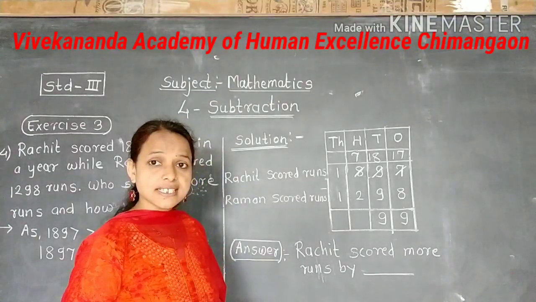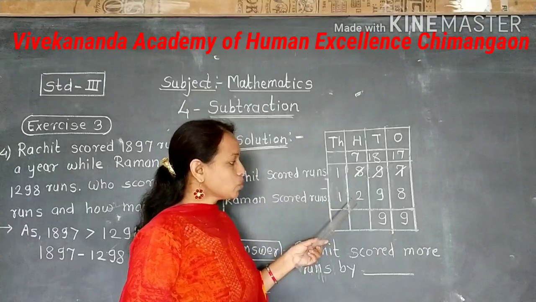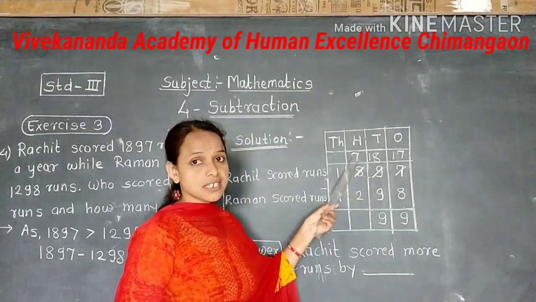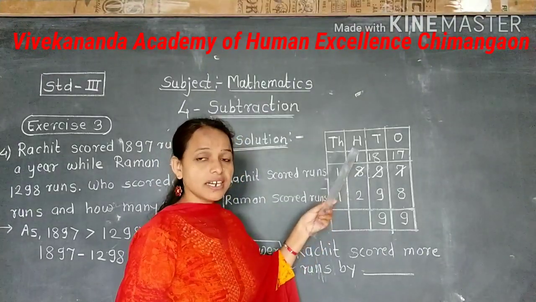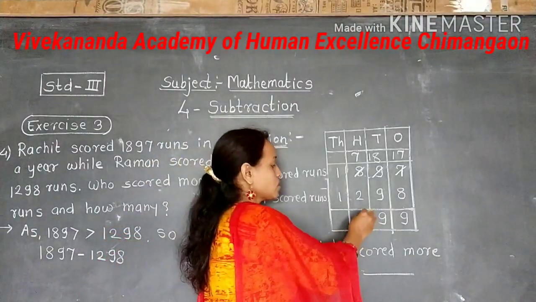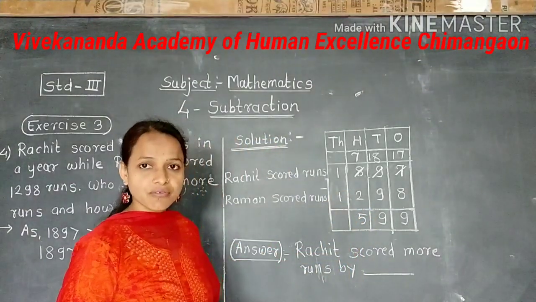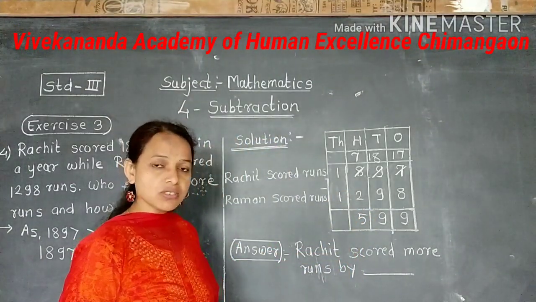Now next subtract hundreds. Now here subtract 2 hundreds from 7 hundreds. 7 hundreds minus 2 hundreds remain 5 hundreds. So 5 we write in 100 place. And finally subtract 1000.